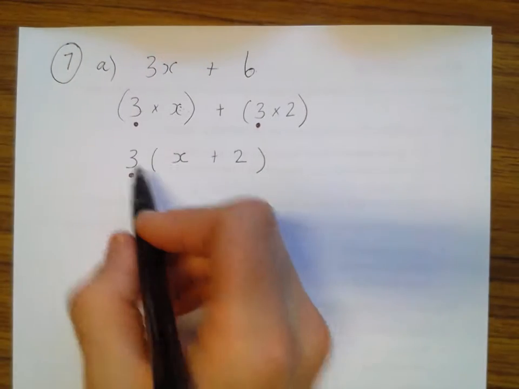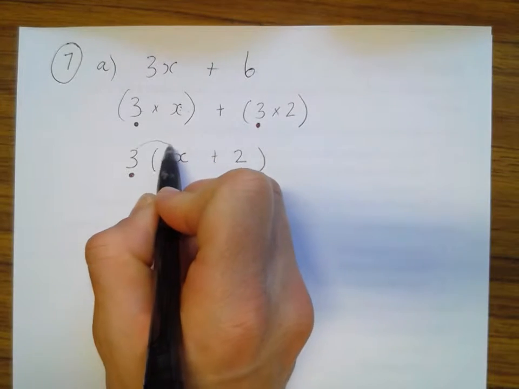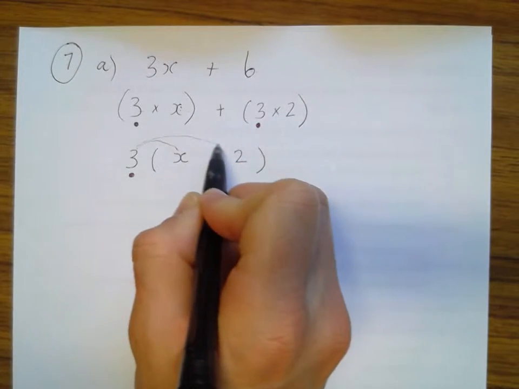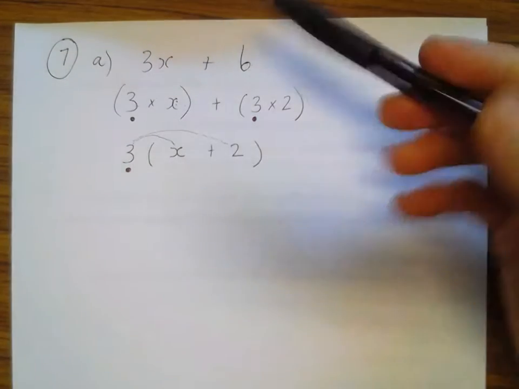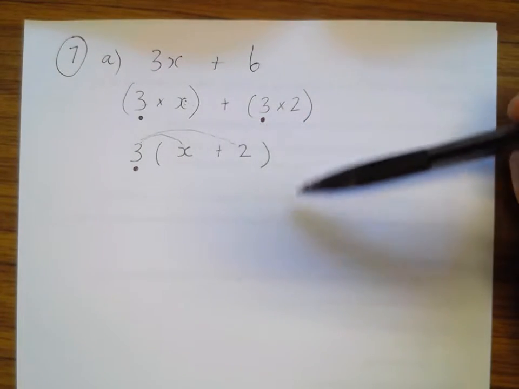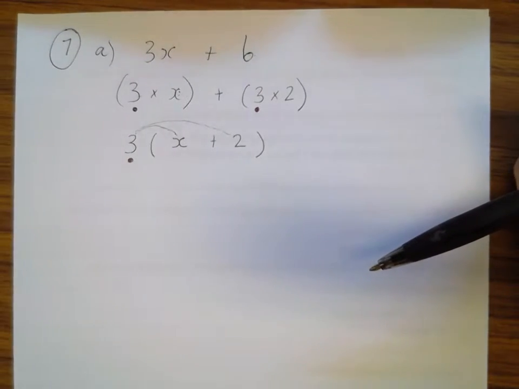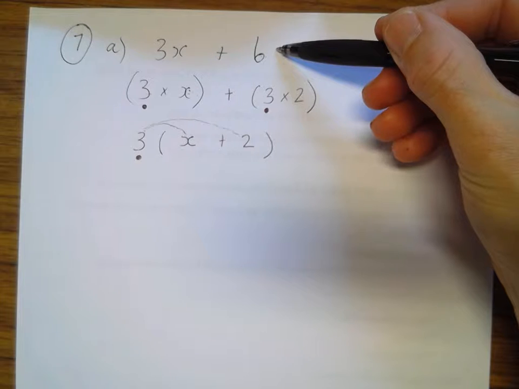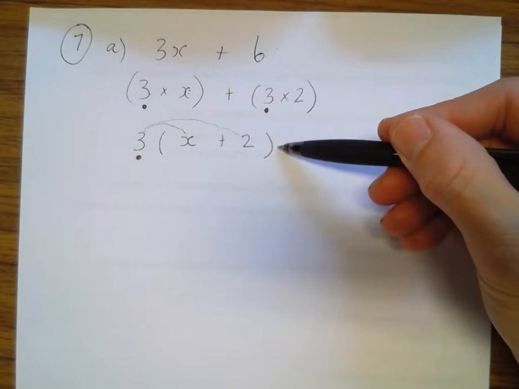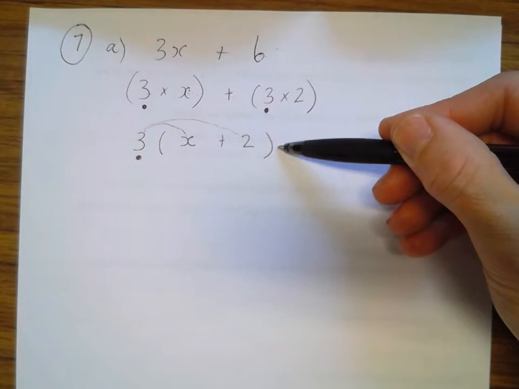If you were then asked to expand it applying the distributive law, you would go back to what we were doing earlier. So you can see that it's a continuous cycle of factorising, expanding, factorising, expanding. This is the expanded version. We've been asked to factorise it. This is the factorised version.